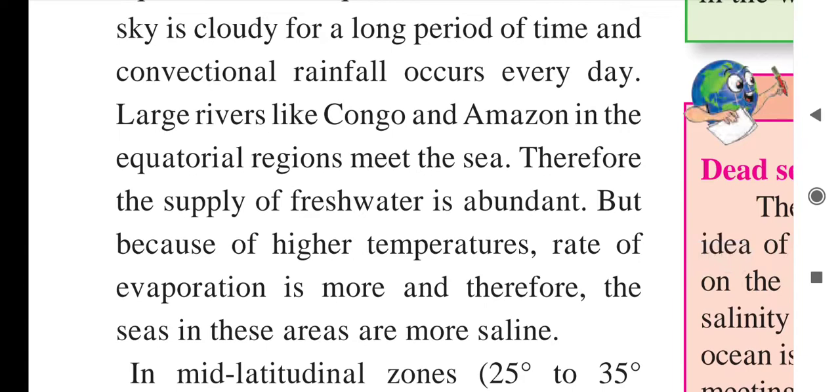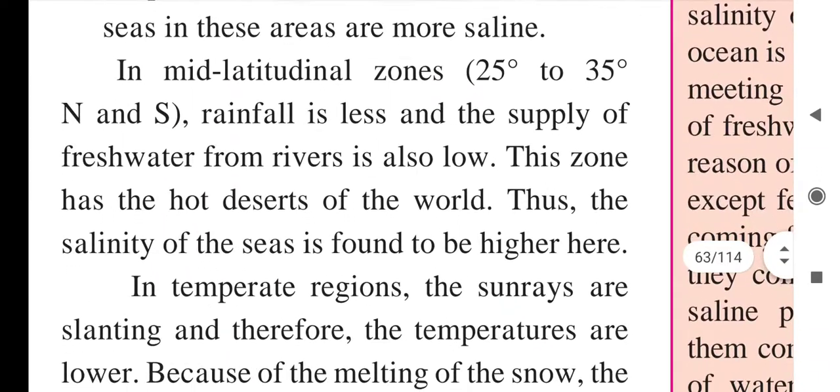So salinity in that sea is increasing, though there is abundant supply of fresh water and heavy rainfall, because heat is also more. Due to heat, the water is converting into vapor, and salinity remains as it is. So that is the reason behind it.